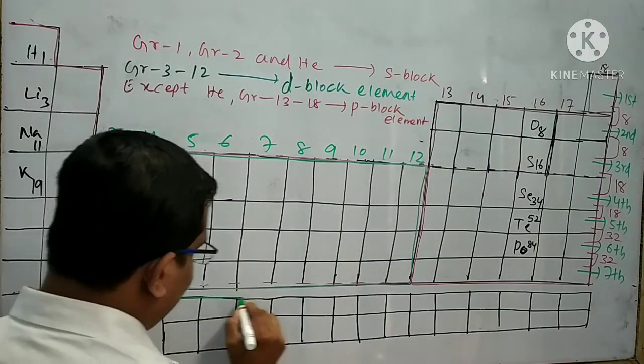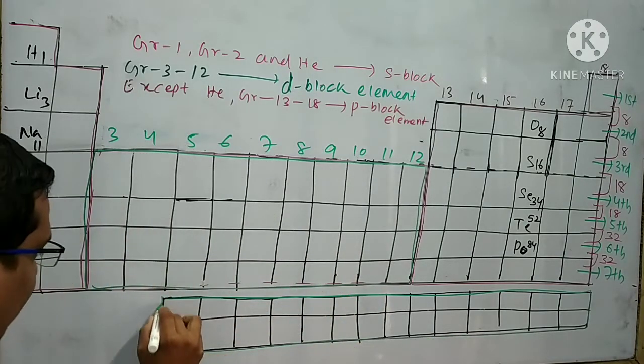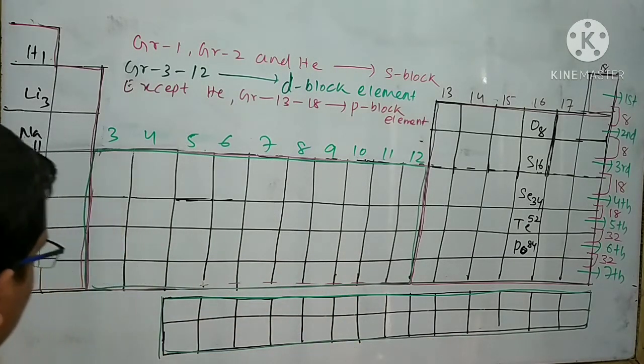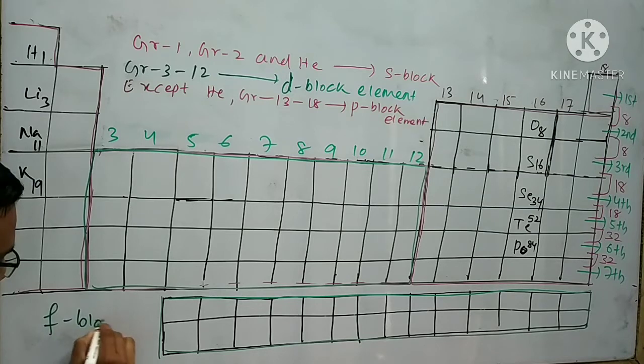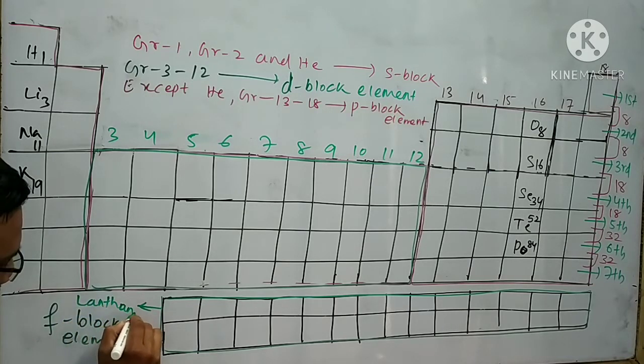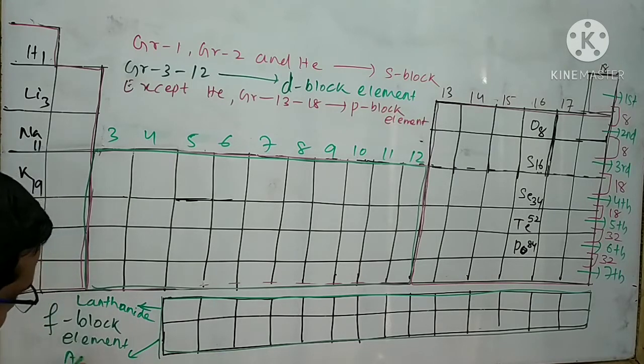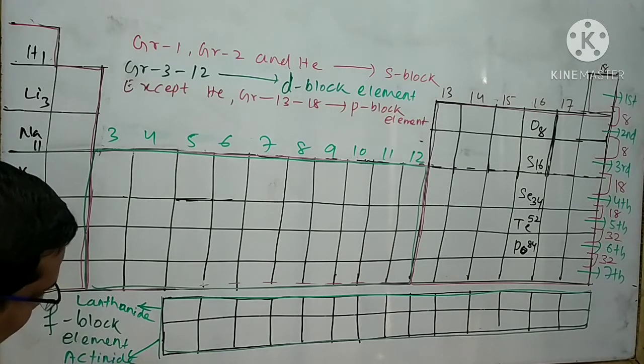The elements present at the bottom of the modern periodic table are called F block elements. This is your lanthanide series. This is said to be the actinide series.